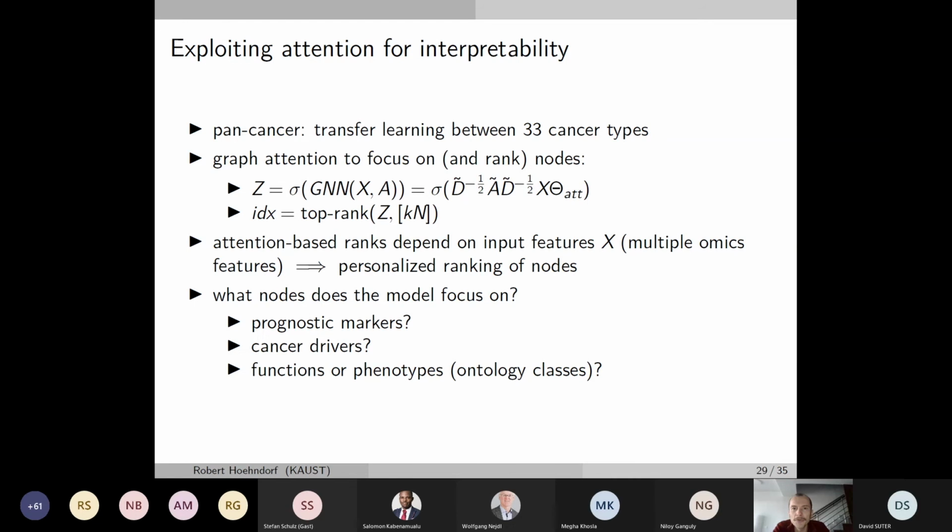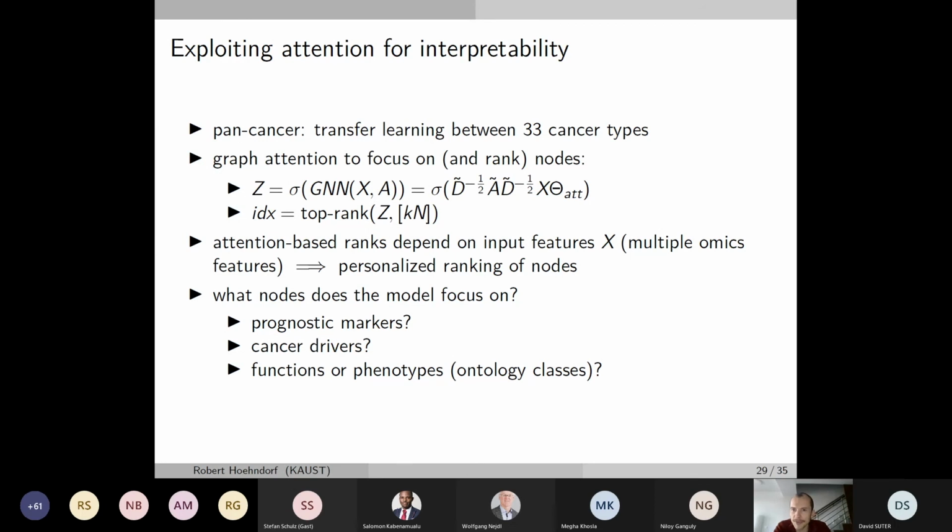This is part of this model, and in this part we rank them and then do a pooling based on the top k ranking nodes in order to reduce the size of the graph. And this attention rank depends on the input features.